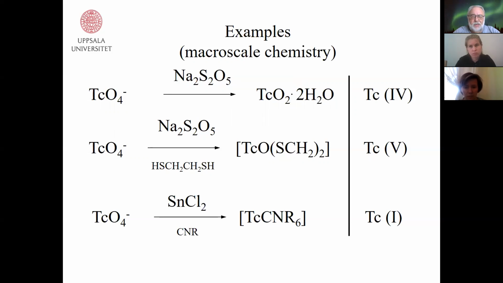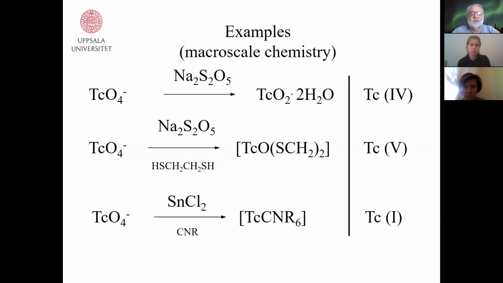There is, of course, the ground state, which is an extremely long-lived nuclide, and big pharma companies had some milligrams of technetium each, which enabled them to study the macrochemistry of technetium. Cost a lot of money.